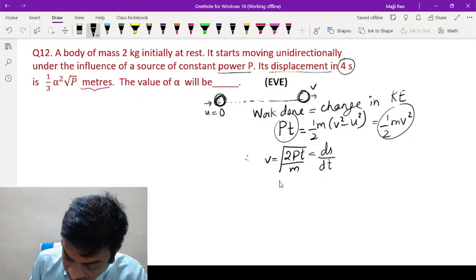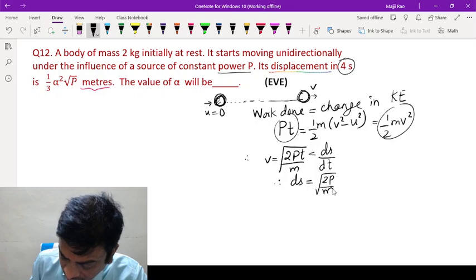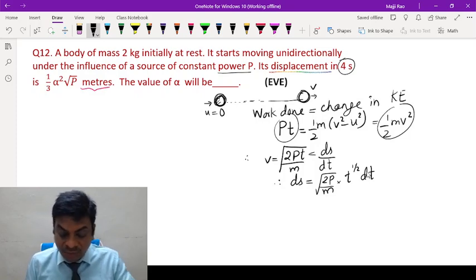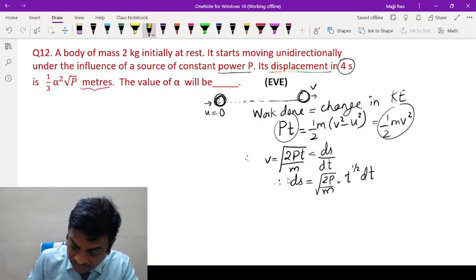So this is a variable separable differential equation. You know how to solve variable separable differential equations. After separating the variables to the two sides of the equation, integrate both sides.